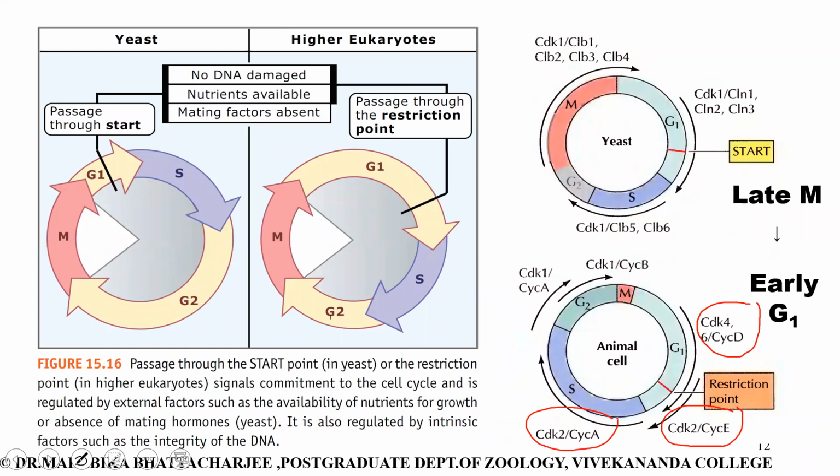For the transition from S to G2, cyclin A CDK1, and the transition from G2 to M and coming out of M is controlled by CDK1 cyclin B. So CDK is the enzyme part, and cyclin is the regulatory protein part. These two act as pairs in different stages of the cell cycle, bringing about the defined control of the cell cycle as we see it.